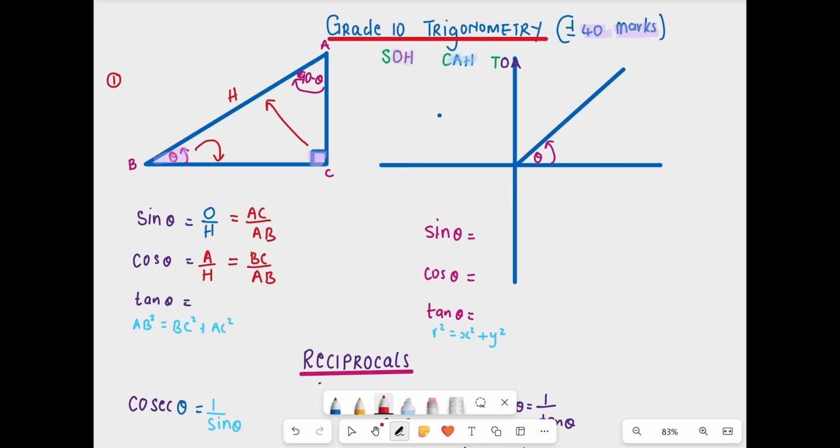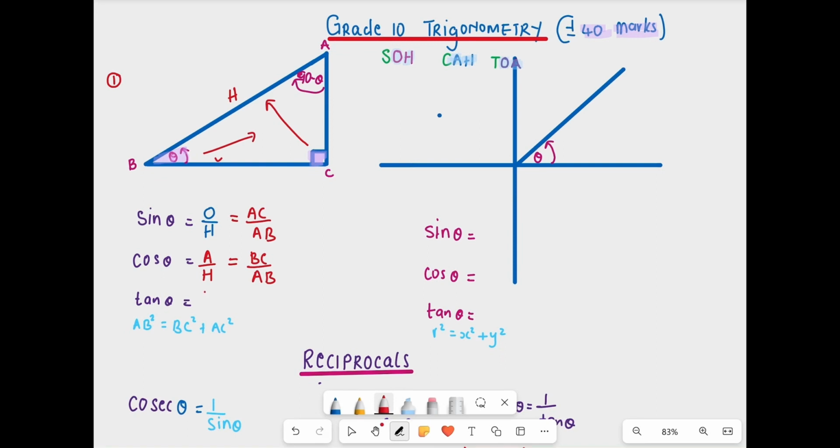And then we also have tangent. Tangent of angle theta, or tan theta. The definition of tan is opposite over adjacent. So from angle theta, my opposite is AC.